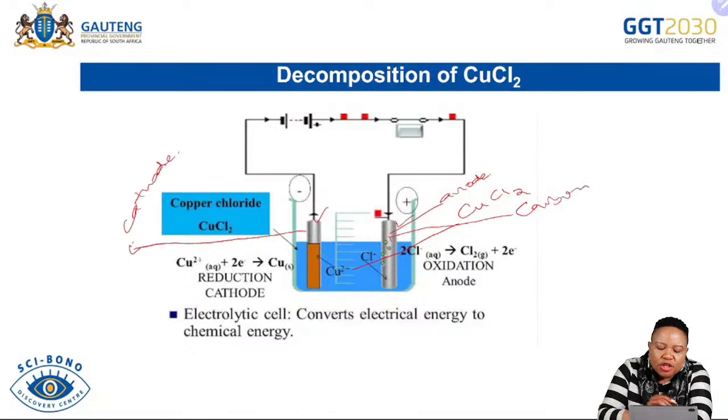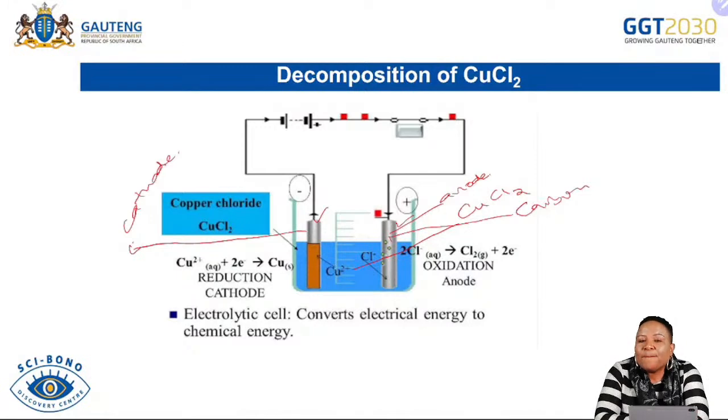For the decomposition process, we can use carbon for both electrodes, but you know that one electrode will be positively charged and the other negatively charged. The only thing we want is to separate copper and chlorine from the solution of copper chloride.